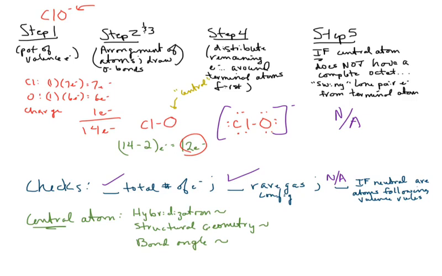So we picked randomly oxygen as our central atom. So let's go ahead and answer those questions about the oxygen atom. In order to answer these questions, we have to count sigma bonds, which there's 1, and pairs of lone pair electrons, which there's 3. So 1 plus 3 is 4.